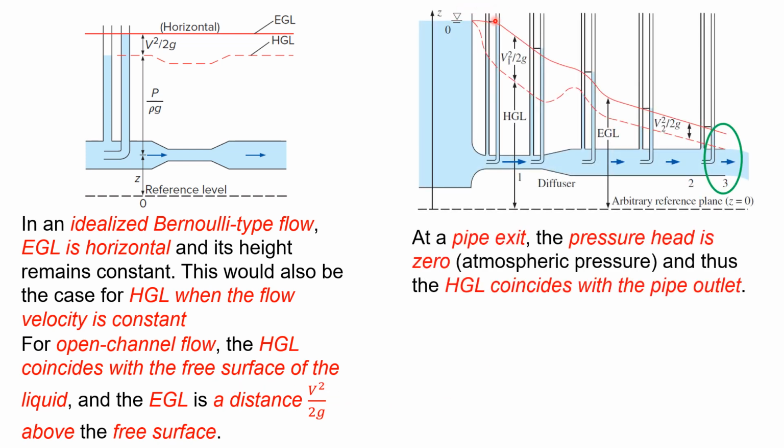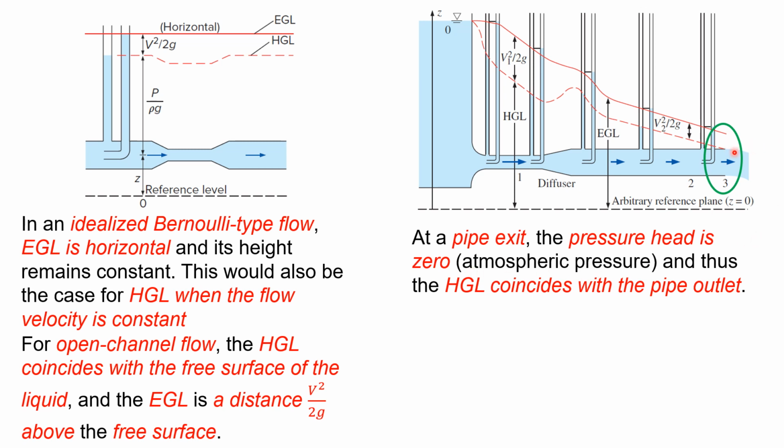Earlier we have seen this point. Now at the exit point, what will happen? At the pipe exit, the pressure head is 0, because it's connected to the atmospheric pressure. So the atmospheric pressure here and the atmospheric pressure here will be the same.